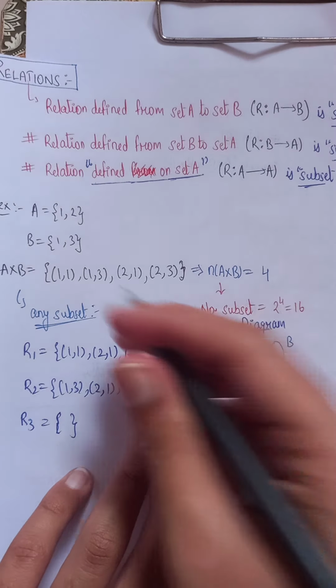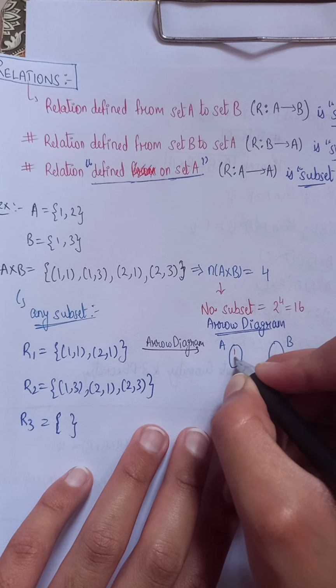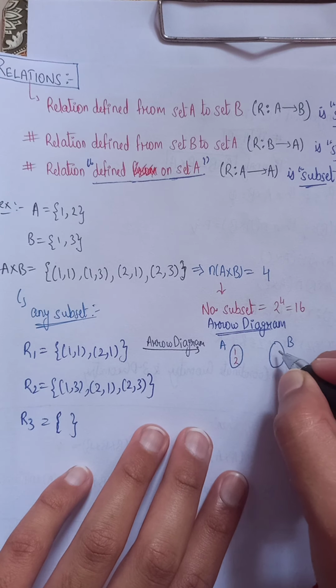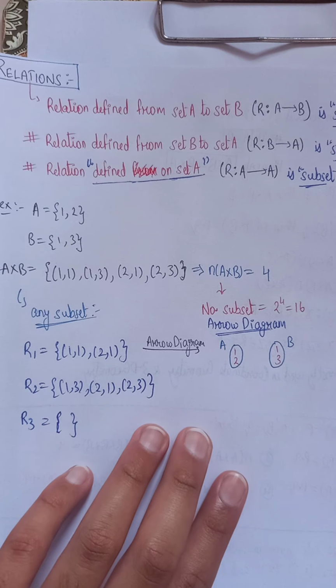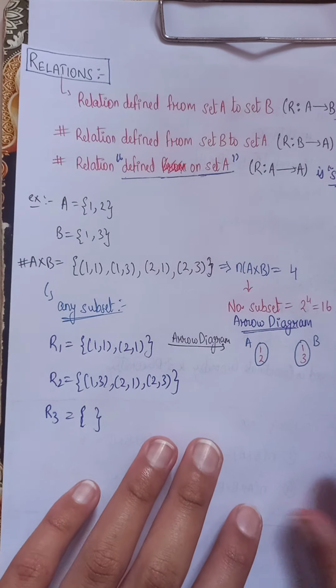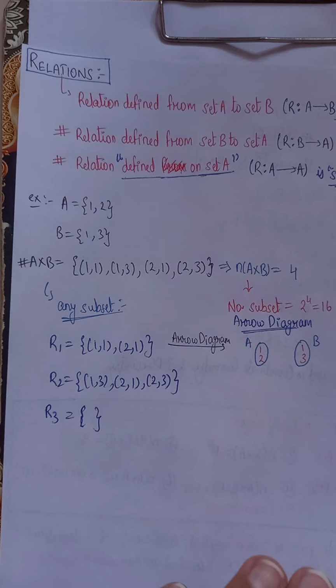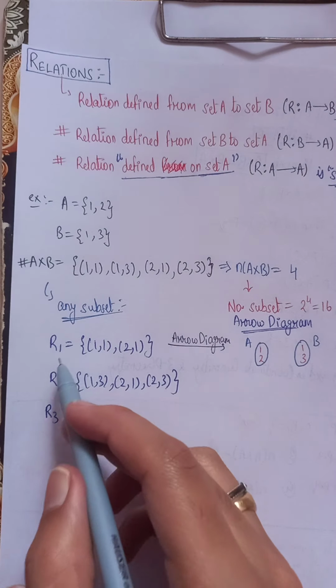Now, what are the elements in set A? 1, 2. What are the elements in set B? 1, 3. Here I'm trying to represent the arrow diagram for R1.